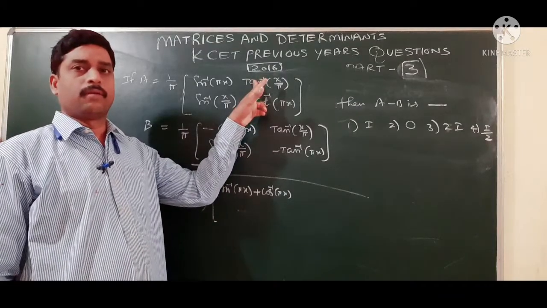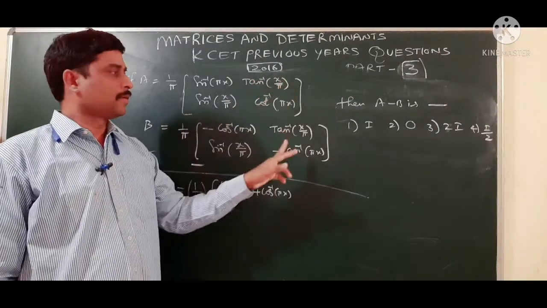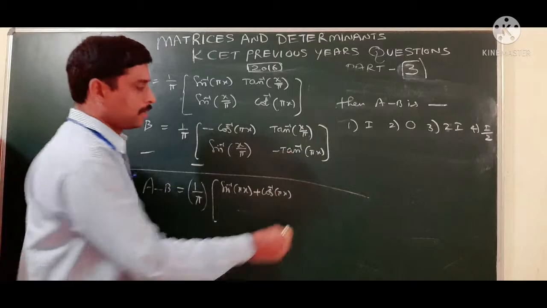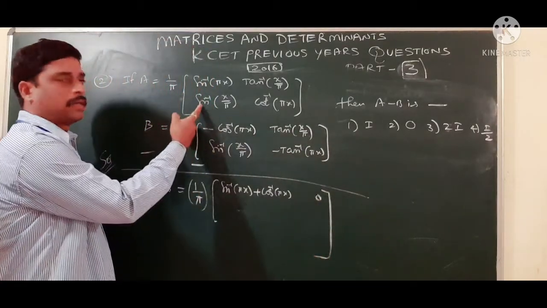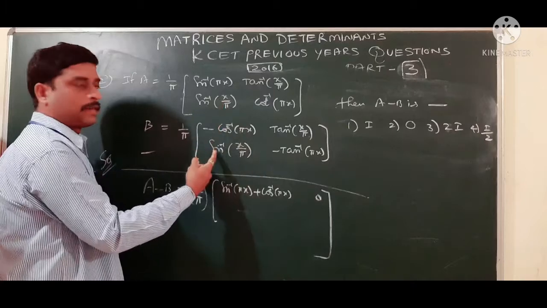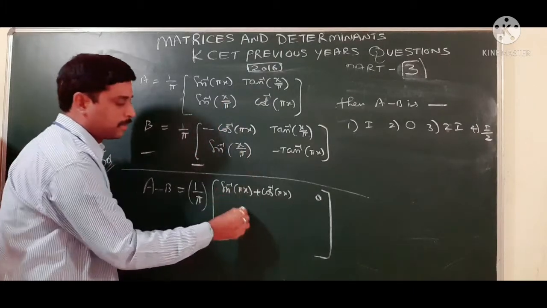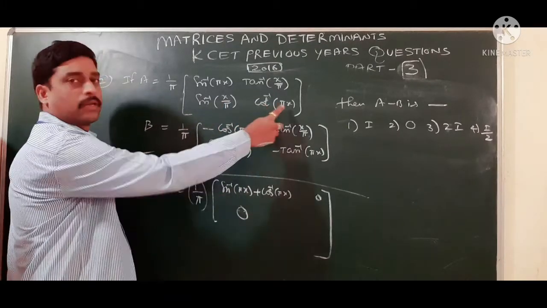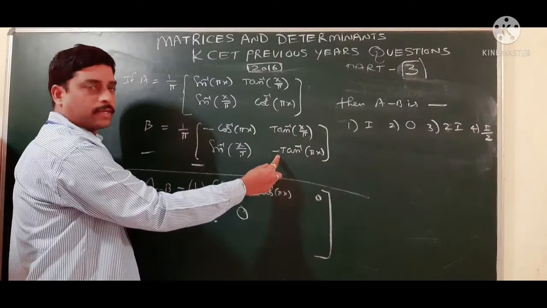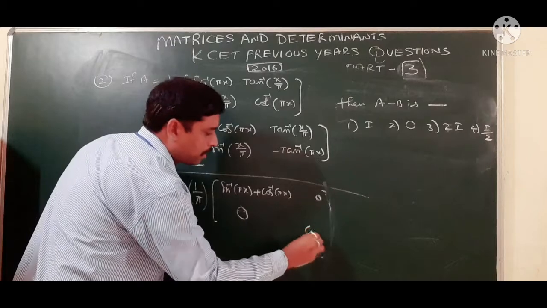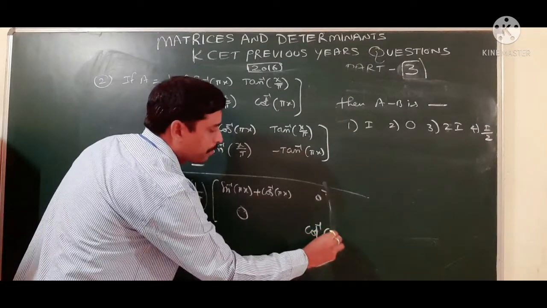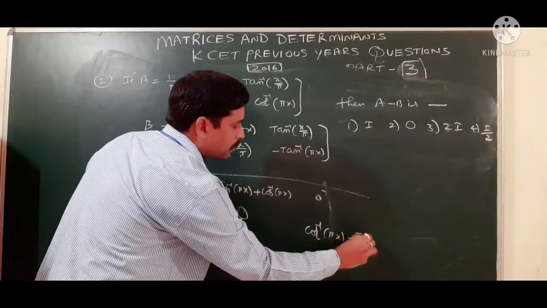And first row second column element, tan inverse of x by pi minus tan inverse of x by pi, this will be 0. And the sin inverse of x by pi minus sin inverse of x by pi, this will be 0. Cot inverse of pi x minus of minus tan inverse of pi x, this will be cot inverse of pi x plus tan inverse of pi x.